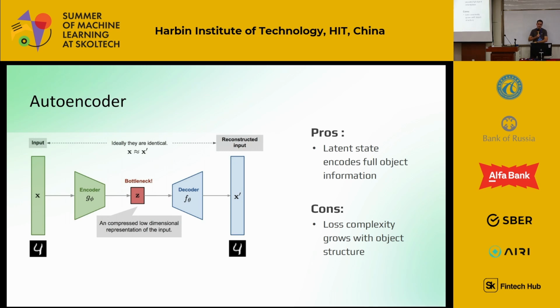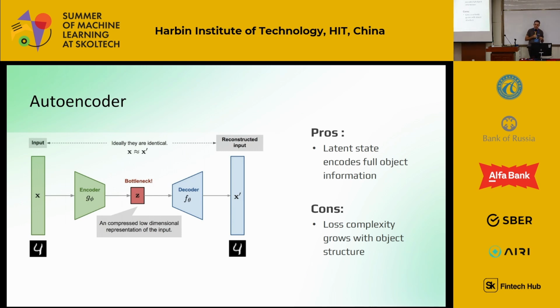The next variant is autoencoder models. I think this is an amazing idea: you feed all information about your object into an intermediate latent representation, and this information can be used to reconstruct the object.